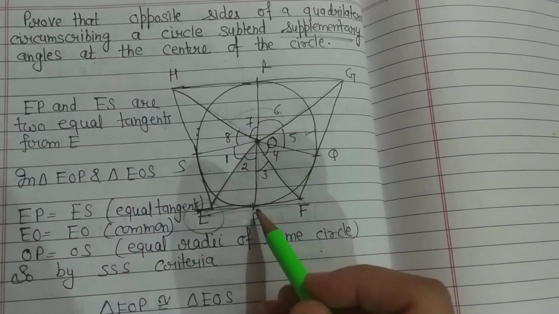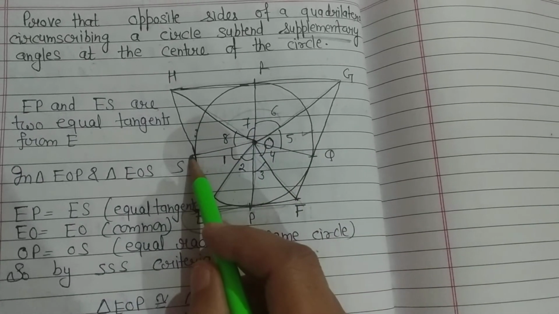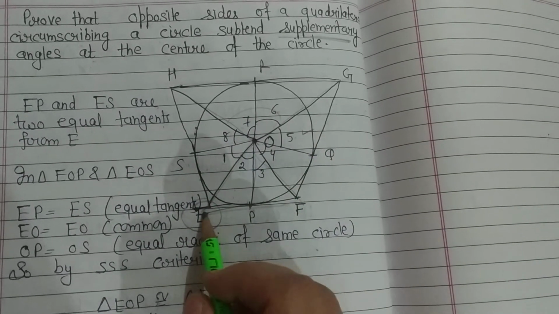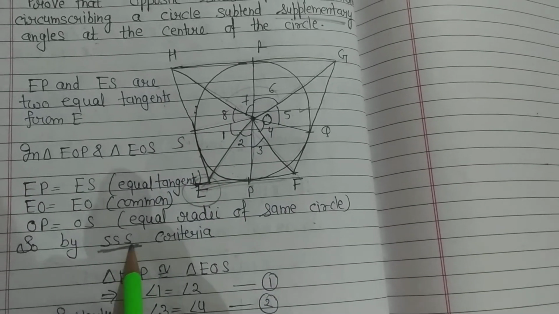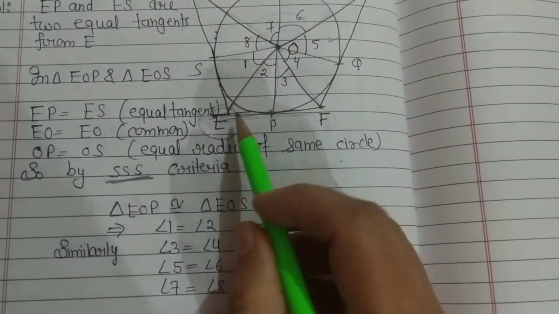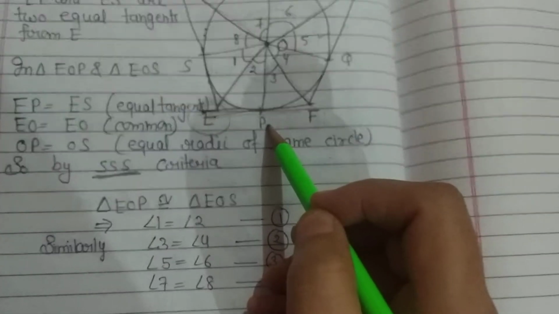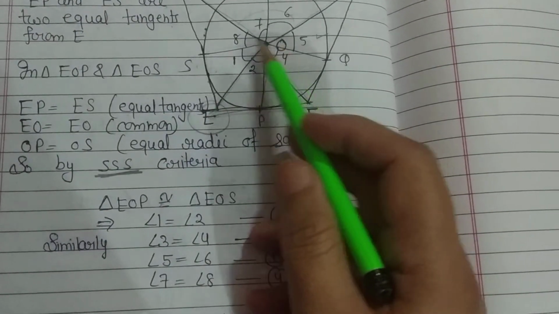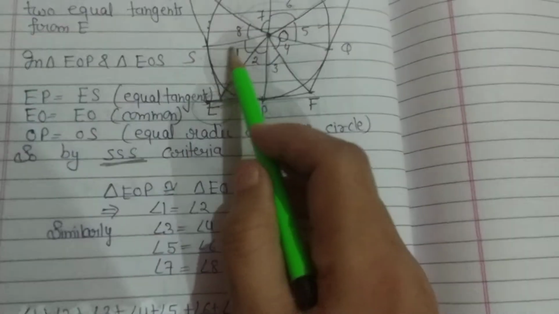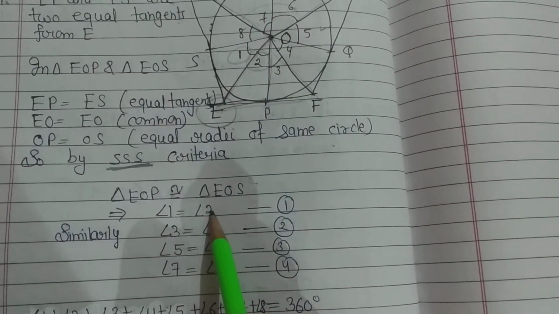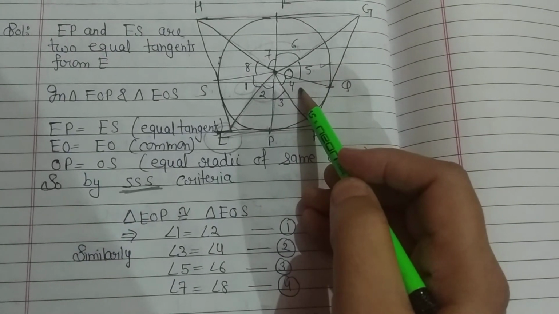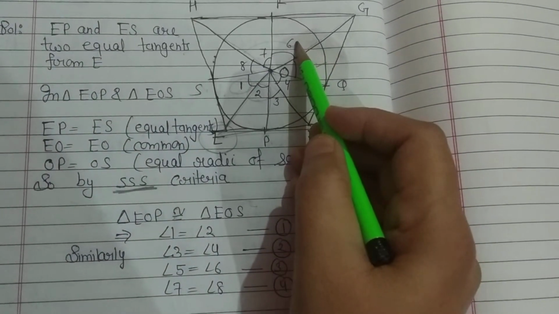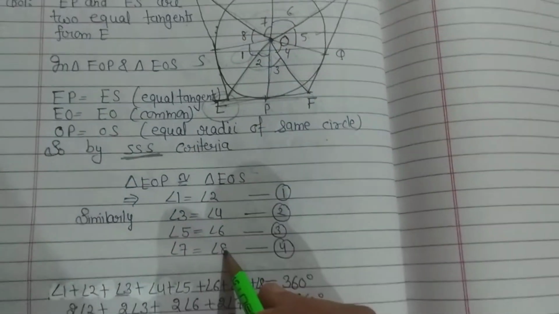EO is common, PO is equal to OS, equal radii, EP is equal to ES, equal tangents. So by SSS criteria, triangle EOP is congruent with triangle EOS. So by CPCT, angle 1 is equal to angle 2. Similarly, we can prove angle 3 is equal to angle 4, angle 5 is equal to angle 6, angle 7 is equal to angle 8.